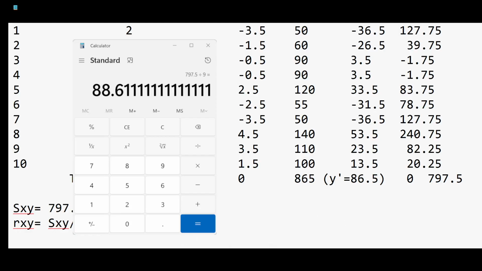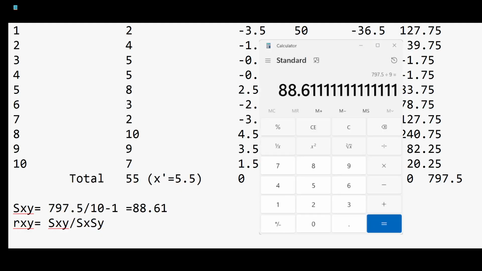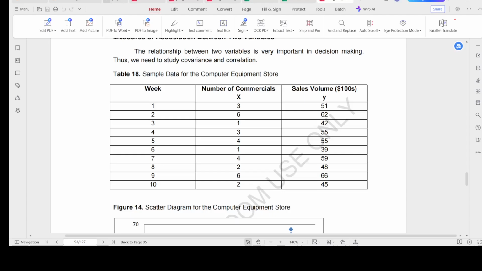Let's try to look at our formula. By the way, that's our SXY, 797.5 divided by 10 minus 1, so that is 88.61. So let's go back to our formula of RXY.